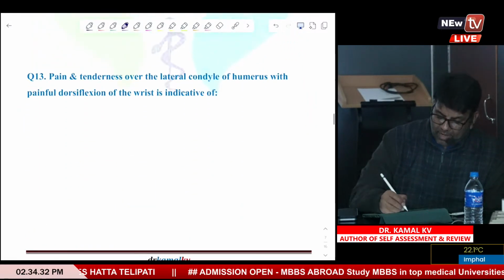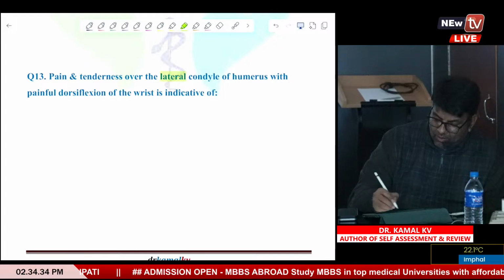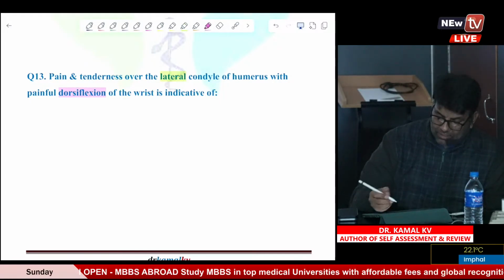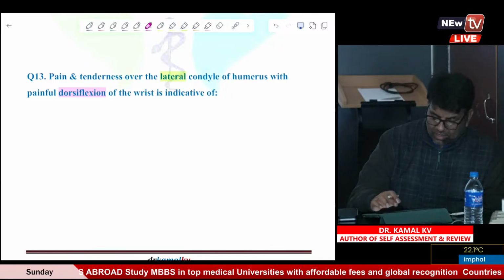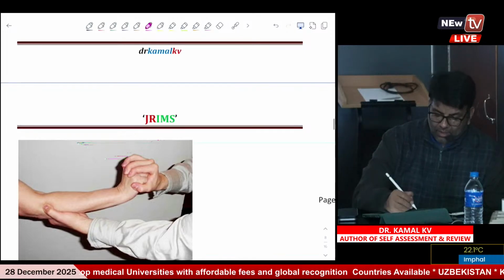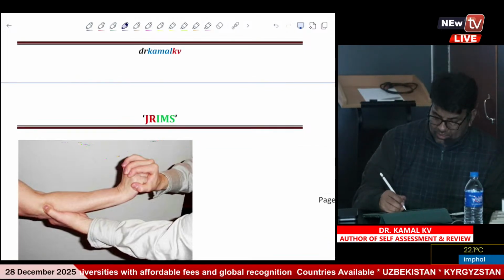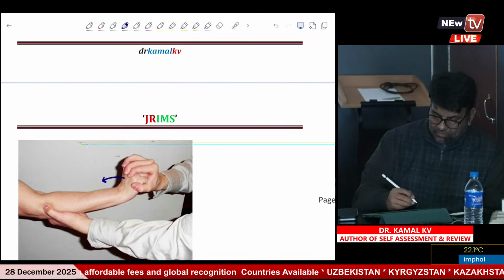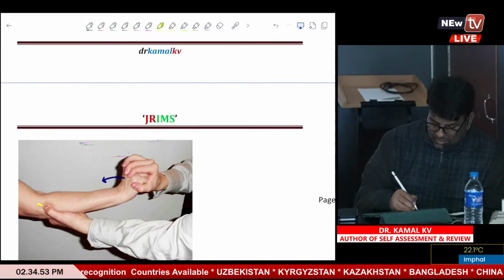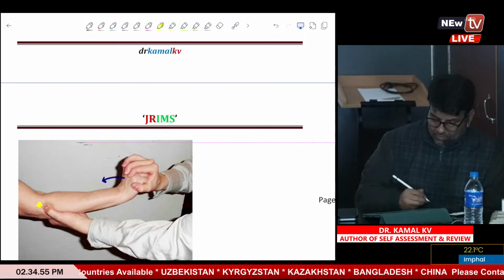Then pain and tenderness over the lateral epicondyle of humerus on passive dorsiflexion of the wrist. What is this condition? If you can see, this is the test which is being shown. The wrist is dorsiflexed like this, and the patient will complain of very severe pain at the lateral epicondyle.